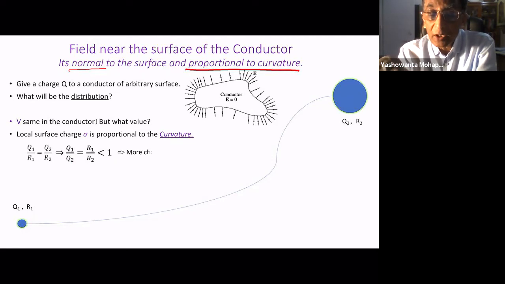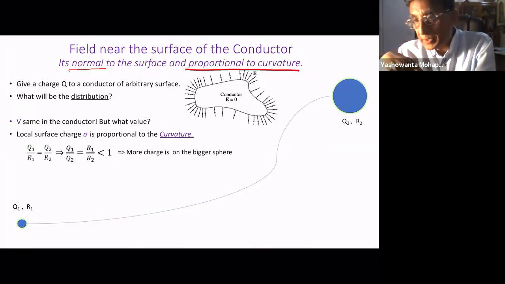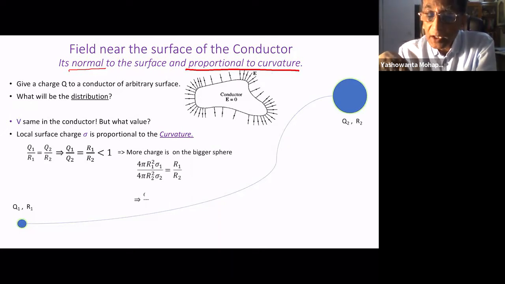So more charge is on the bigger sphere, just because of the same potential. But I can rework it and say that Q1 I can write in terms of surface charge density sigma 1, and Q2 in terms of surface charge density sigma 2.